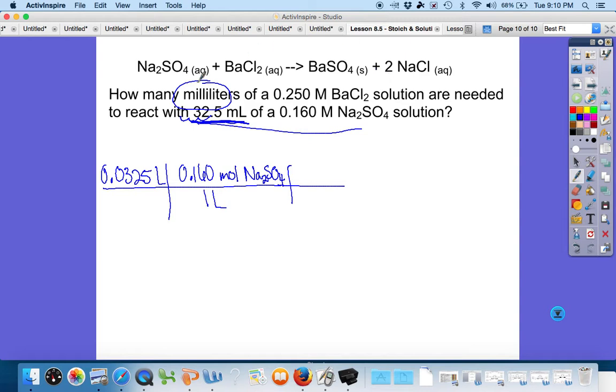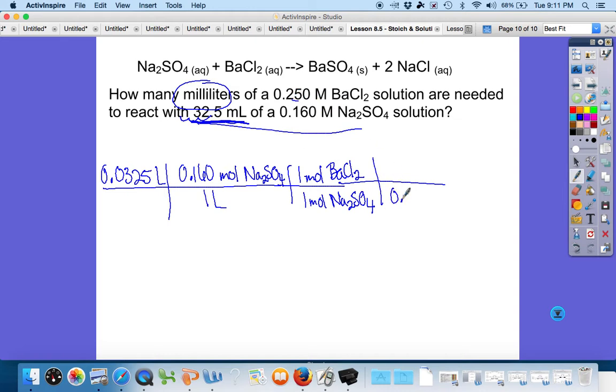Looking at our chemical equation, we have 1 mole of sodium sulfate in our equation, and we want to go to barium chloride. We got 1 mole of that in our equation as well. And to go to a volume of barium chloride, we're going to use our molarity as a conversion factor.